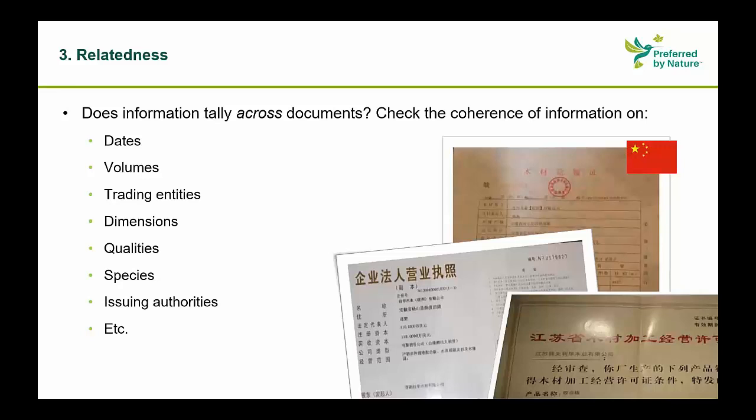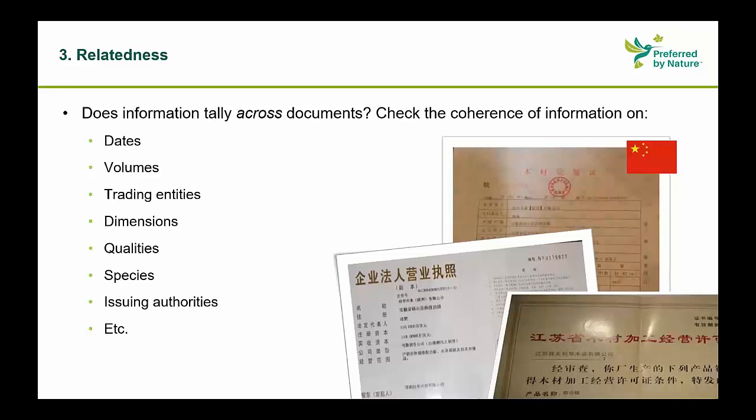Volumes are the same. It's not expected to do full volume reconciliation in all cases, but it can be a good idea to check that if you're buying several hundreds of cubic meters of timber at the end of the supply chain, and you're provided information about a small forest harvesting just a few dozen cubic meters every year, there might be a problem there, right?